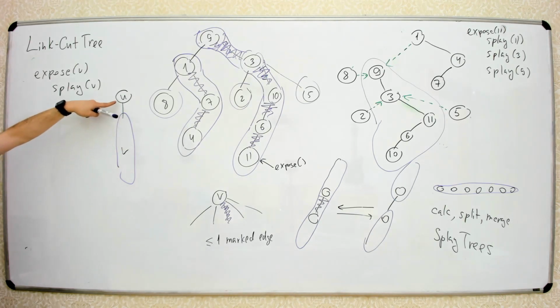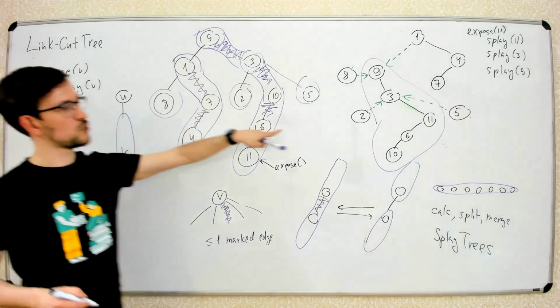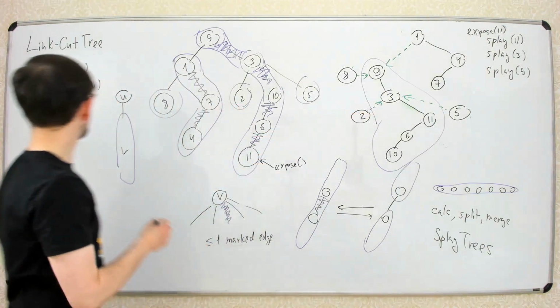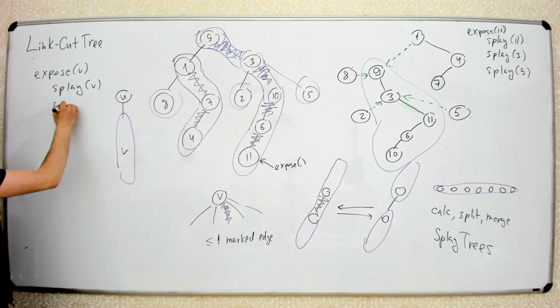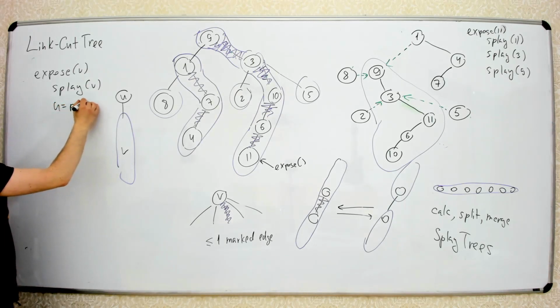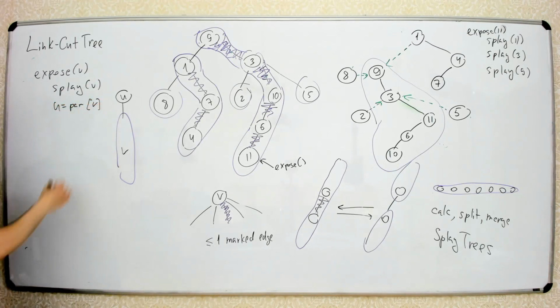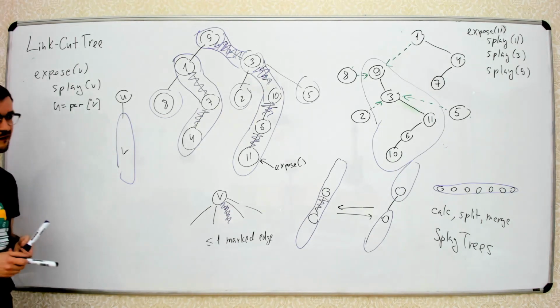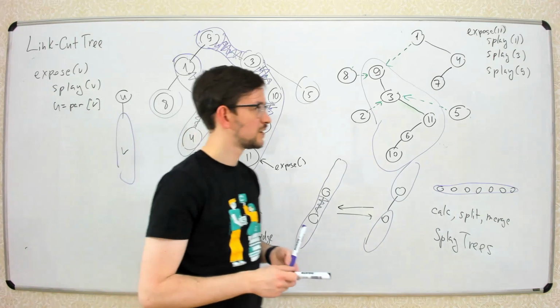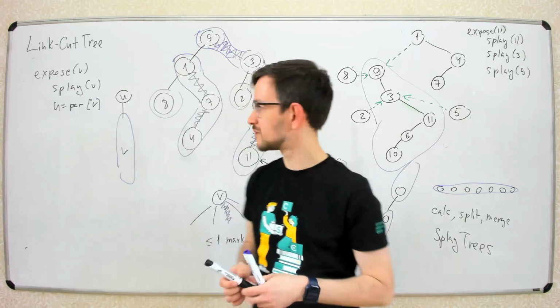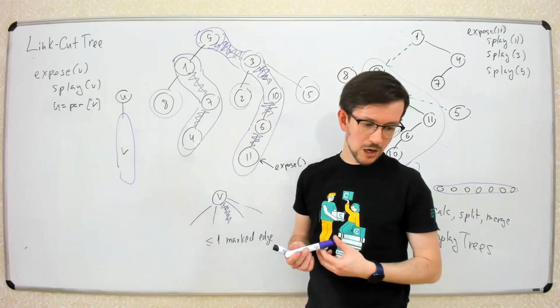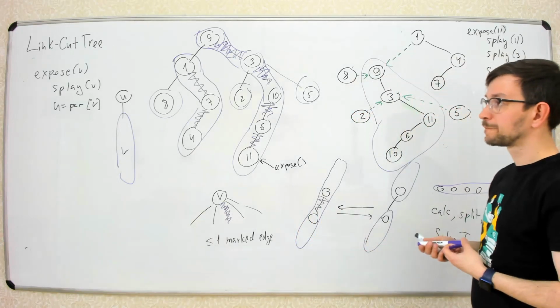This node, you simply get by using this parent link of node v. There is a special term for this, but I don't remember it. Like path parent, something like this.